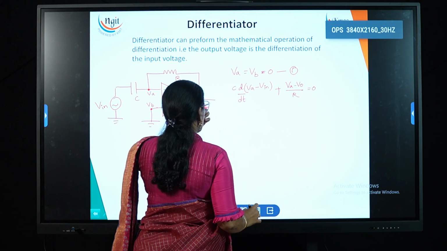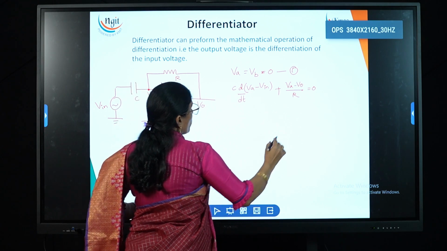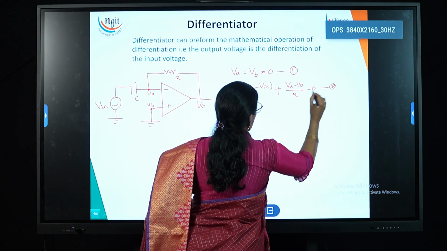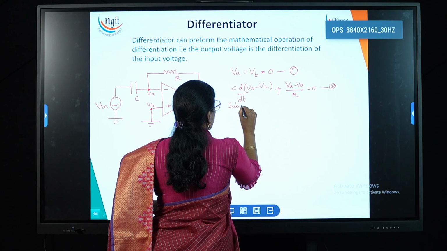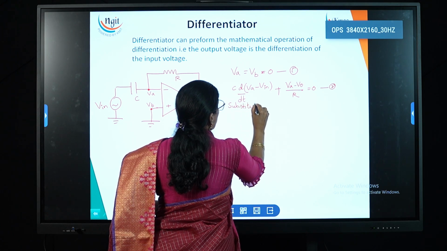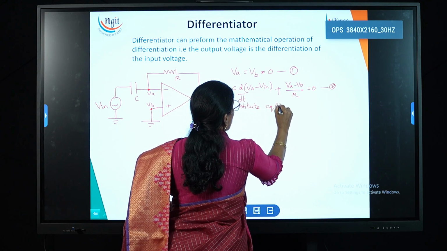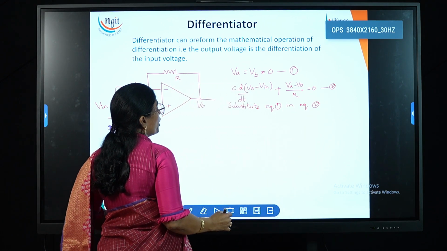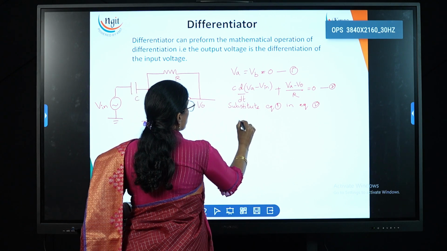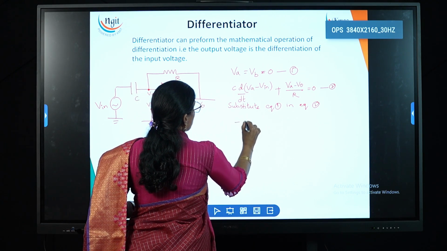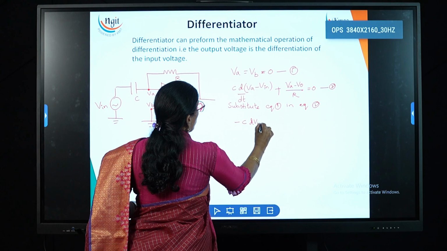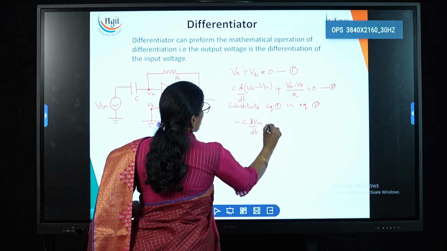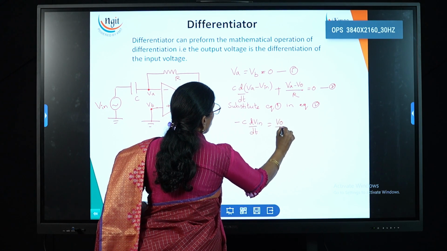Now substitute equation 1 in equation 2. Wherever VA is there we need to put 0. So we get minus C dV in by dt is equal to V naught by R.